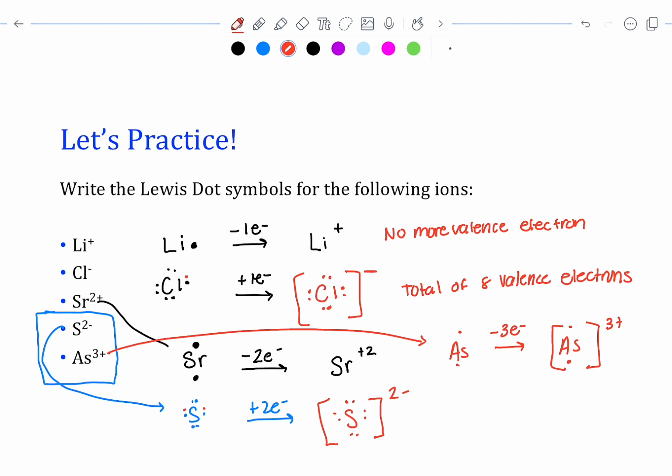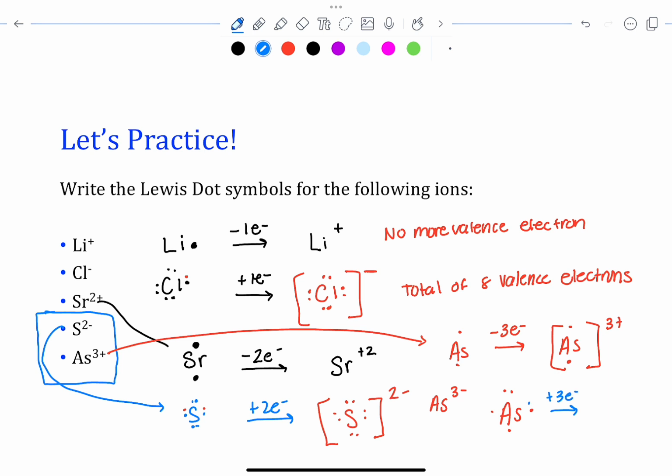Now arsenic is one of those metalloids, so it can be treated like a metal and create a cation, but it can also be just like a non-metal and create a 3- charge. So that's where I believe my typo came in. I believe this was supposed to be arsenic 3-. So let's try that. We had As with 1, 2, 3, 4, 5, and if we're having a 3- charge, that means we're adding 3 electrons.